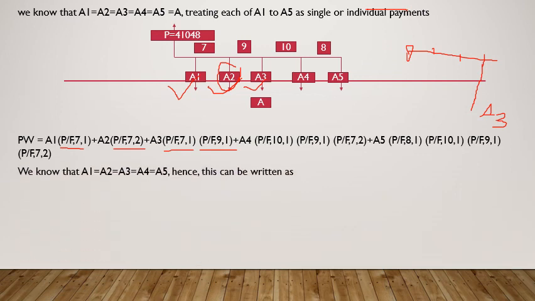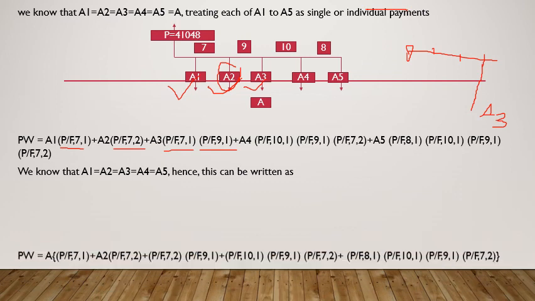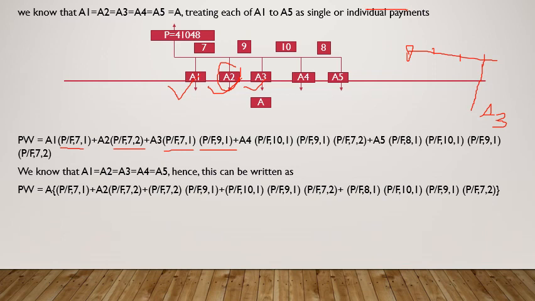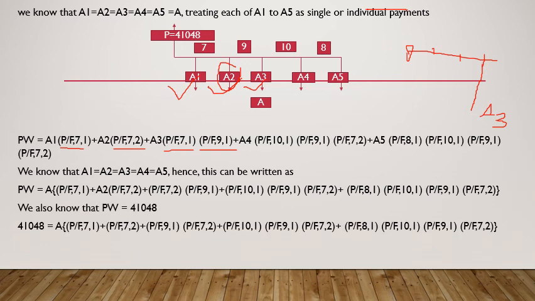Substitute the values. I know that A1 is equal to A2 is equal to A3 is equal to A4. I will consider it as A and write the factor values. Substitute the factor values from the factor tables, and I know that PW is equal to 41,048.